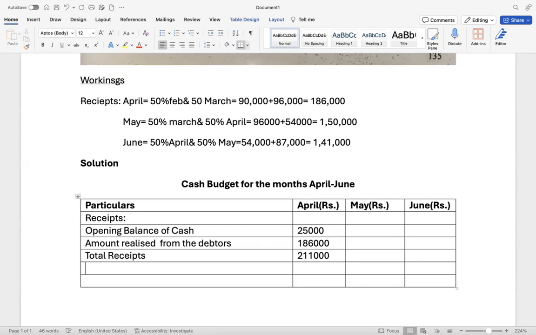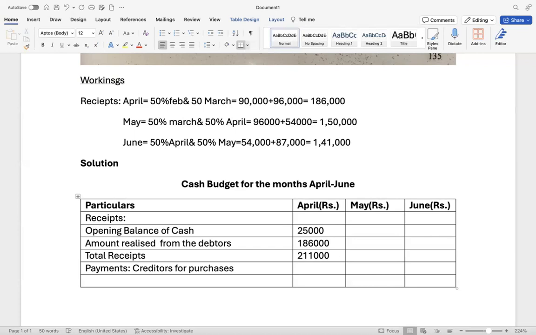And then next, write a heading, payments. Okay, payments. What are the payments? Creditors for purchases and wages. What are the creditors for purchases? Here there are two amounts.